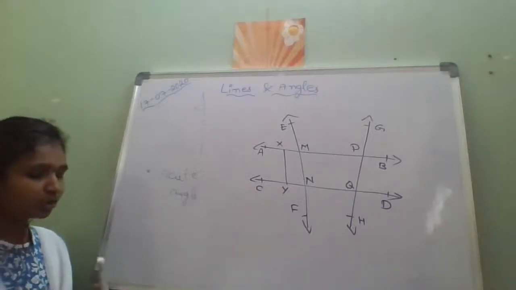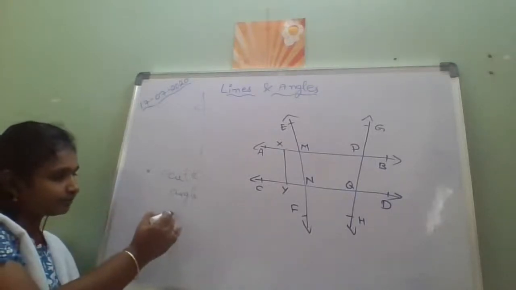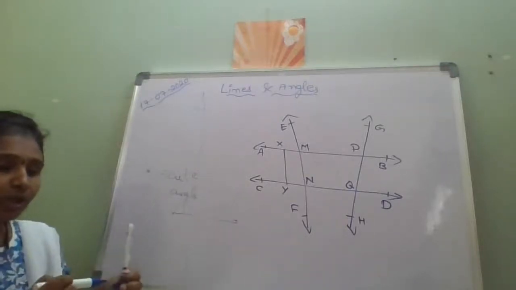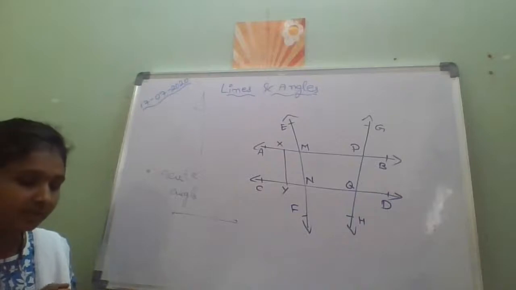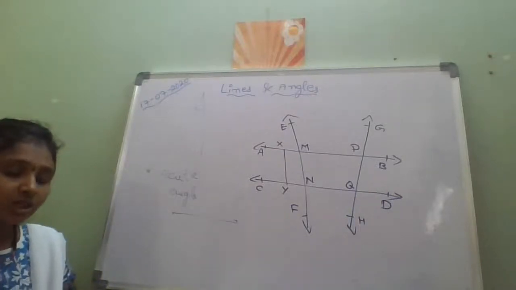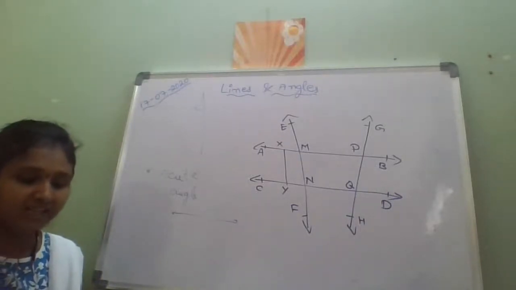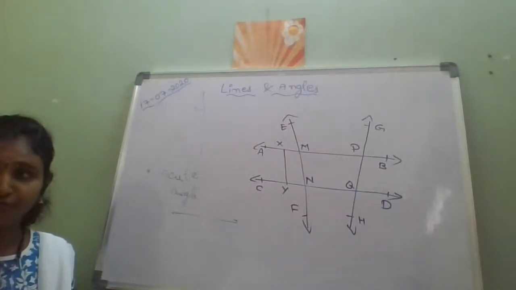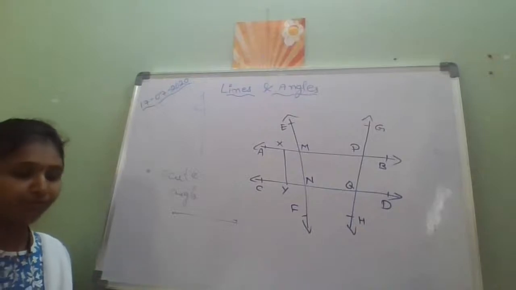True. See, two distinct points always determine a unique line. True. Next, two lines may intersect in 2 points. False.